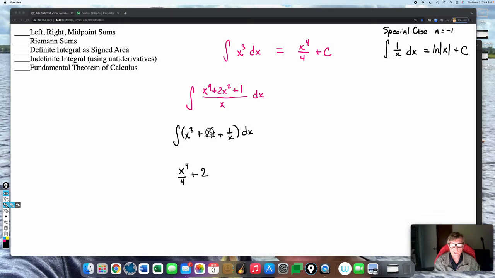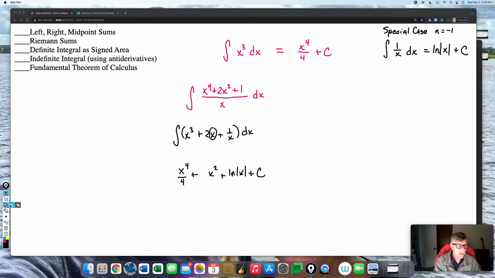Now, what's the antiderivative of x? Well, if x to the 1, we'd use x squared over 2, right? The constant stays put, just like it did in derivatives. And then we'd have the natural log of the absolute value of x plus an arbitrary constant. And of course the 2's can cancel out here. So there you go. All right.